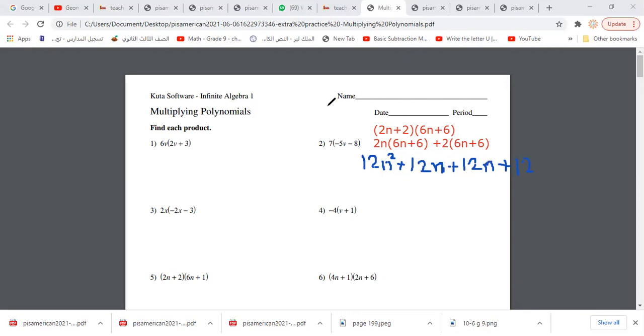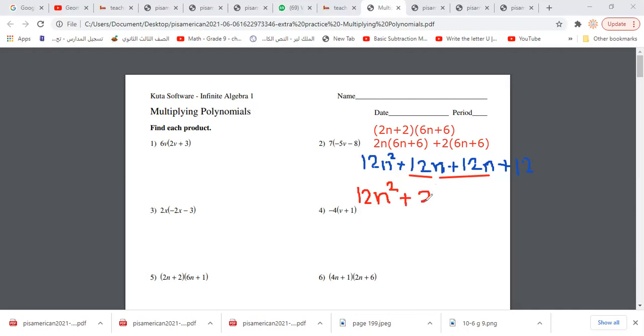Okay, then do we have any like term in this question? Yes. Which is? 12n. Yes, 12n and 12n, this one. Then we have to simplify the question. Then it will be 12n to the power of 2, and 12 plus 12 equals how many?